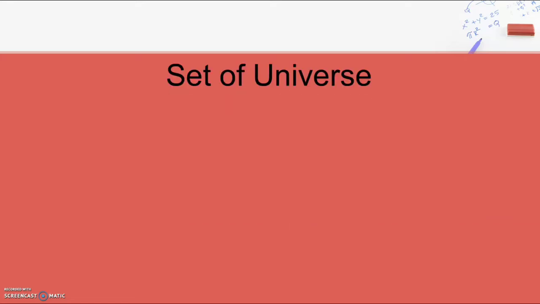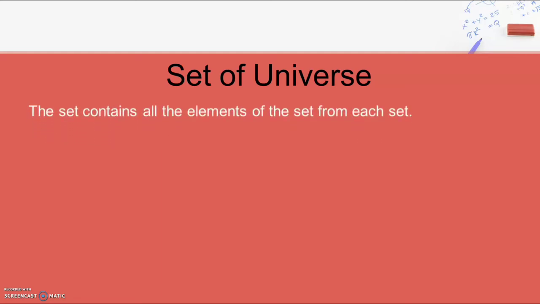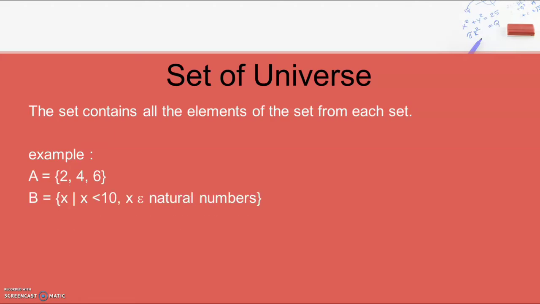And next is set of universe. The set contains all the elements of the sets from each set. Set of universe is denoted by the letter S. Example, set A equals the set 2, 4, 6.